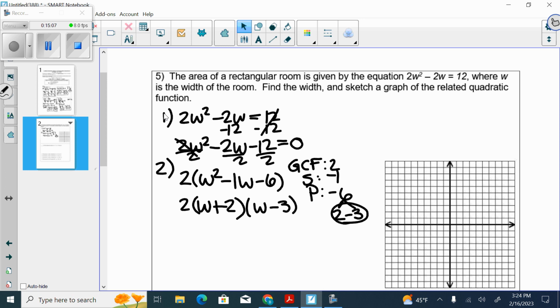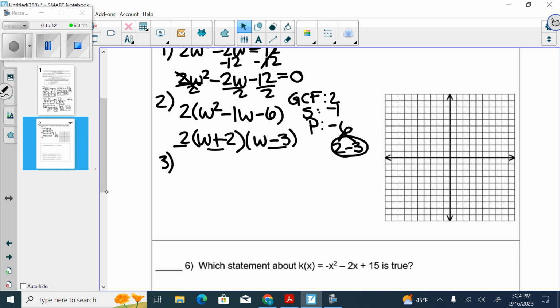Equal them to 0. So all my pieces, okay? So I'm going to have that my 2 equals 0, my w plus 2 equals 0, and my w minus 3 equals 0. All right, so in this first equation, are there any w's? No. And does 2 actually equal 0?